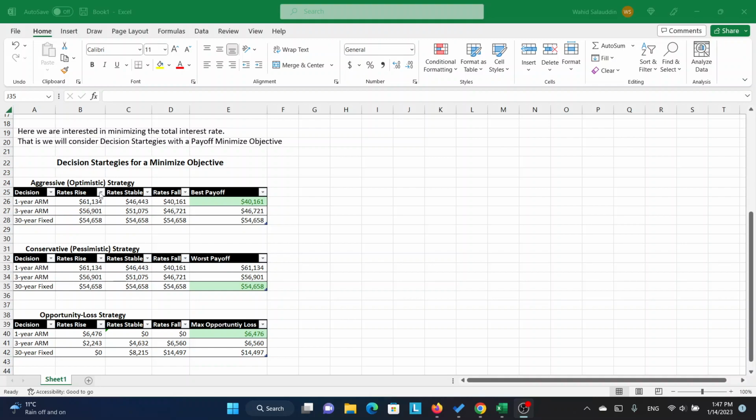The highest amount of interest we're going to pay for the one-year adjusted rate mortgage is 61,134. The lowest, in the best case scenario, is 40,161. For the 3-year adjusted rate mortgage, the best case scenario is when the rates fall and we pay 46,721. And for the 30-year fixed rate mortgage, it's 54,658, regardless of whether the rates rise, stay stable, or fall.